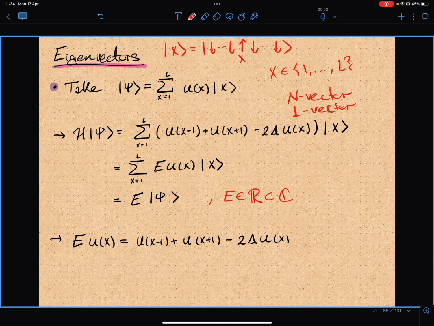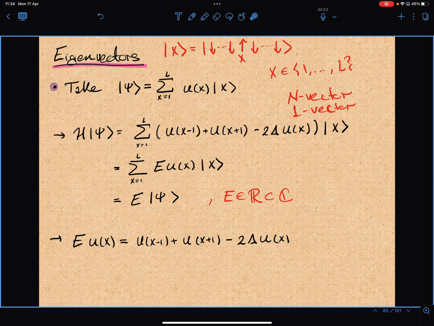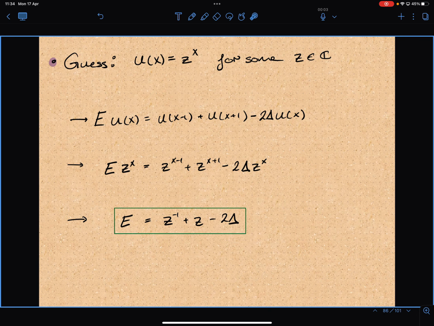So we've boiled down the problem to solving a discrete differential equation. And in particular, this is a linear equation. So just using what you've learned in your basic ODEs class, the idea is to just guess the solution. In the continuous case, you would guess a solution e to the lambda x, for some lambda that you'll figure out later.